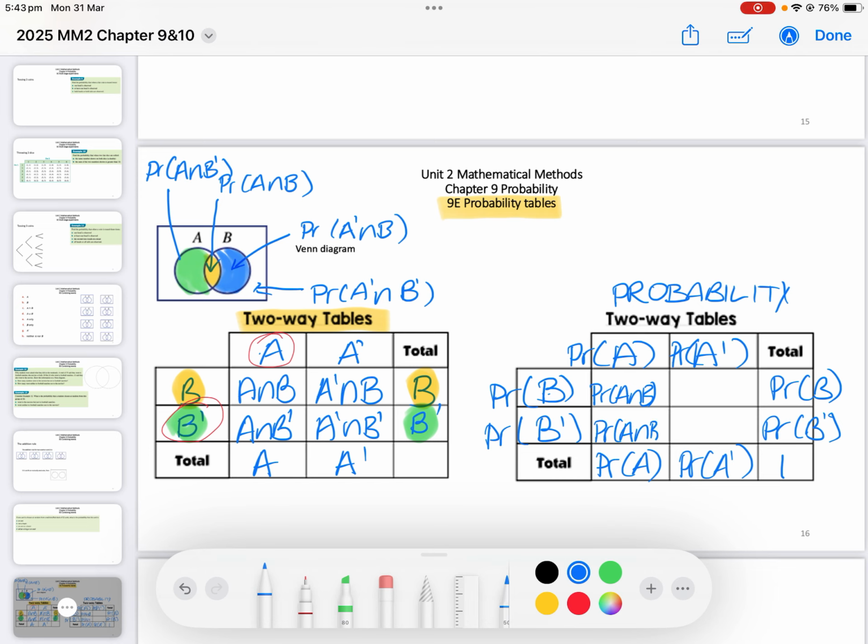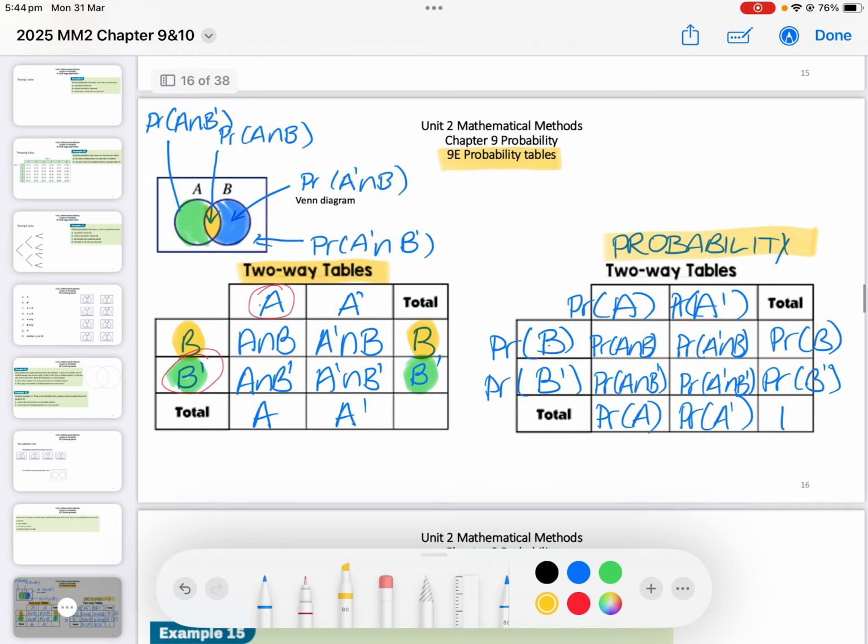So whether it's a probability or an event, the table still follows the same format. And I think sometimes the probability table is much easier than the Venn diagram.